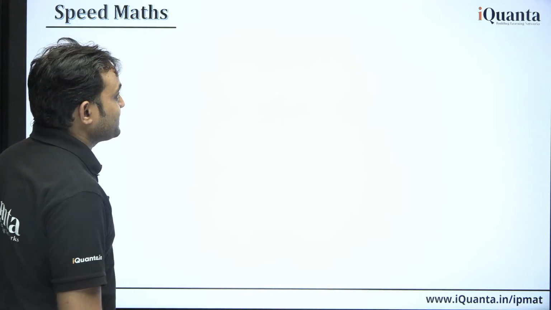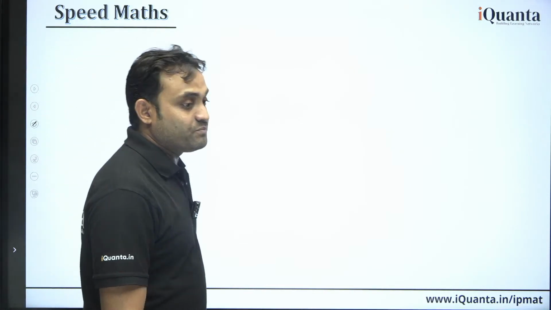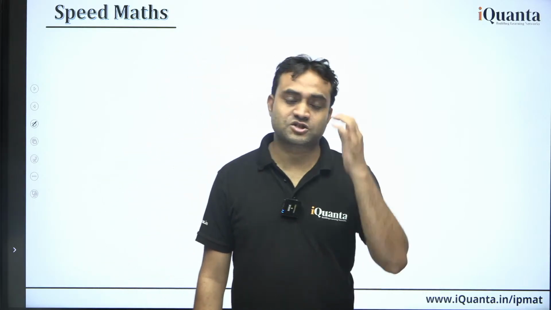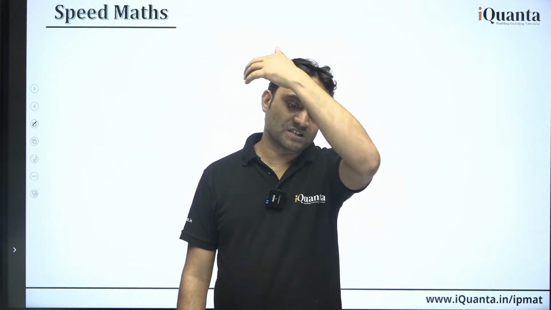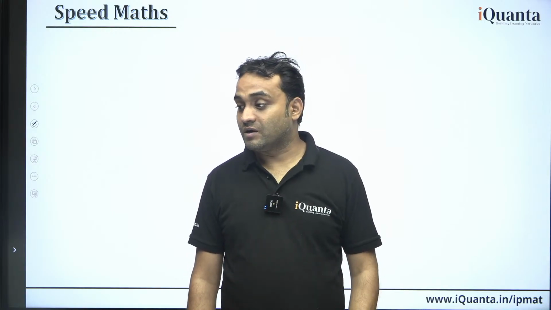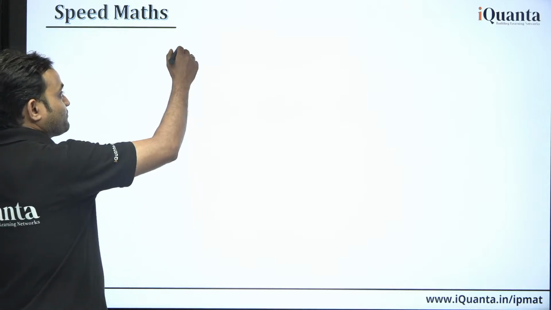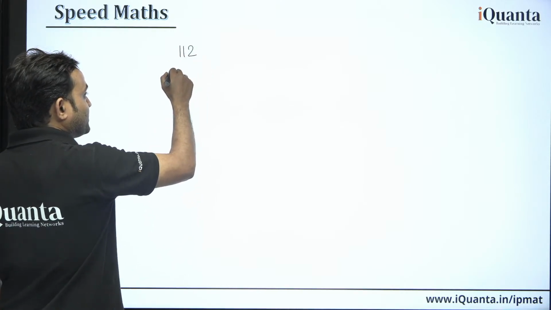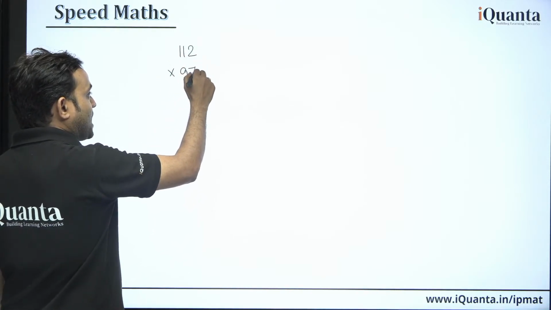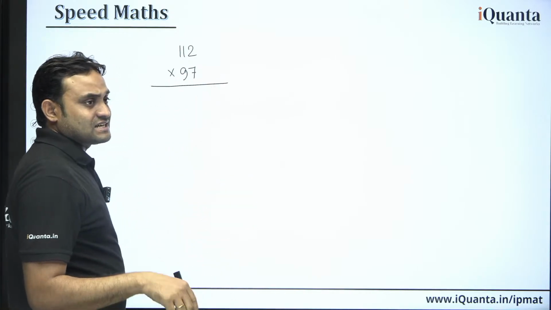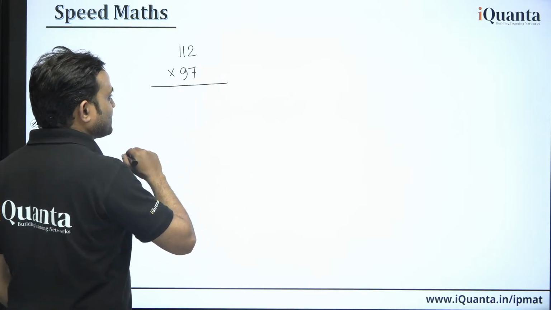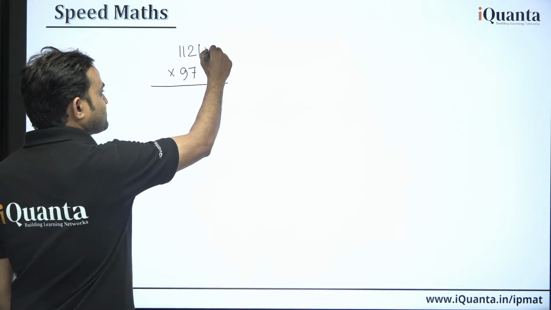Again, base multiplication. Let's talk about the case when one number is more than 100, and one number is less than 100. What will happen in that case? Like if we have 112 into 97, how do we calculate this? This is a little bit different from the last one. In this case, the surplus is 12.